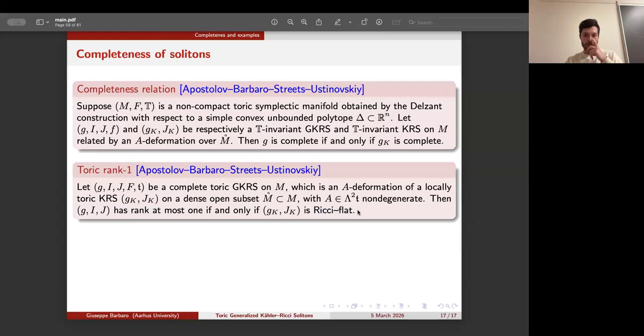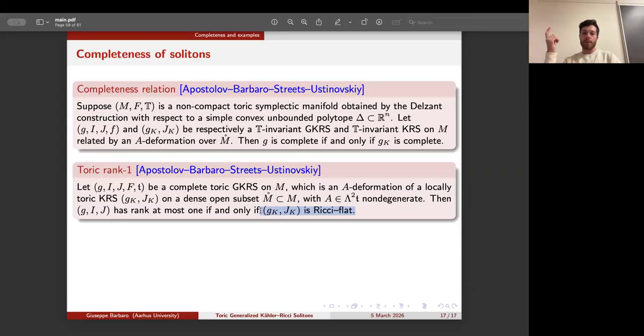At least one direction of this is easy to understand. If you have Kähler-Ricci flat, this means that in your Monge-Ampère equation for the Kähler-Ricci soliton, the constant B is 0. You don't have it because there is no soliton potential.